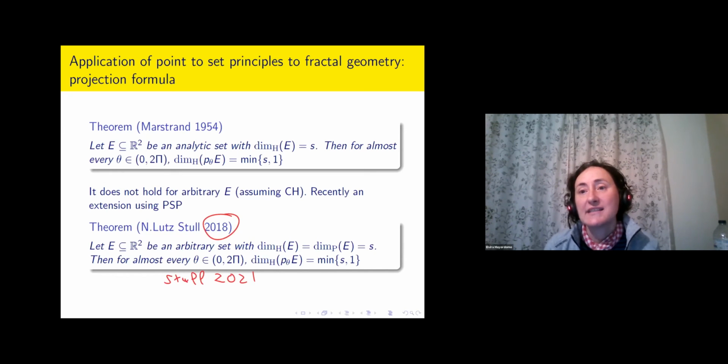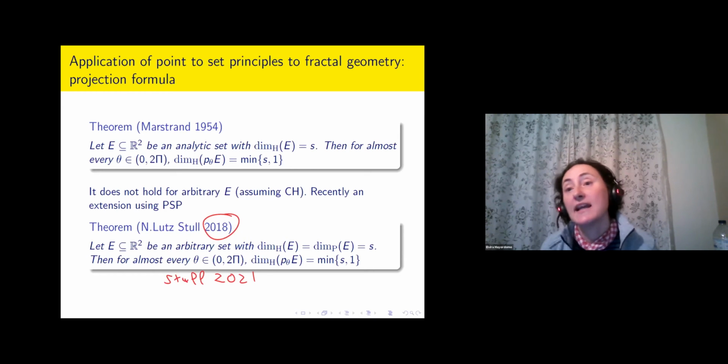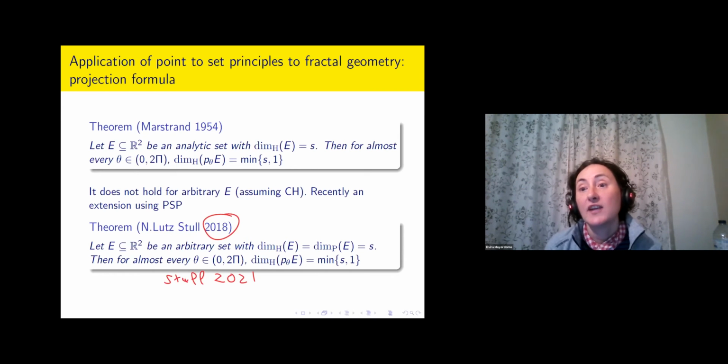He has proven that for sets for which this point-to-set oracle B, the oracle for which classical and effective dimension coincide, has a special property of being optimal in a very natural sense related to Kolmogorov complexity, then Marstrand's theorem holds.